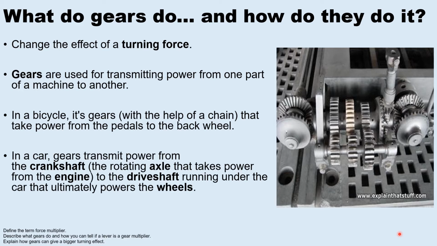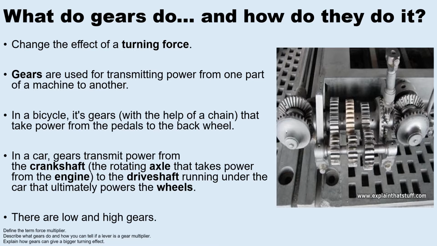In cars, gears transmit power from the crankshaft, the rotating axle that takes power from the engine, to the drive shaft running under the car that ultimately powers the wheels.